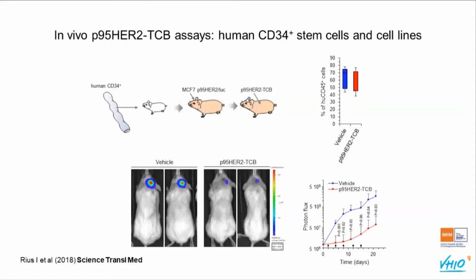And we were able to show by implanting labeled cells that the TCBs could guide the lymphocytes through the blood-brain barrier, very likely because they induce some degree of activation that allows the lymphocytes to cross the blood-brain barrier. In any case, they were quite effective against brain metastases.